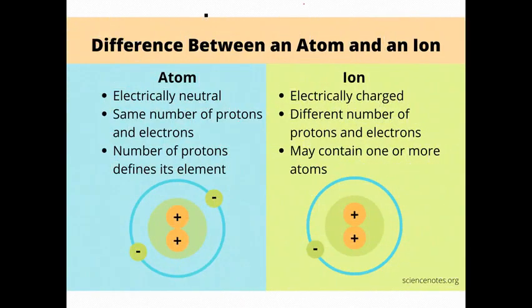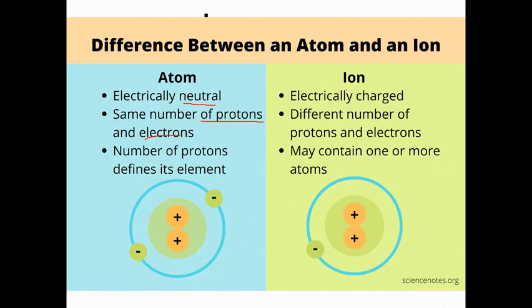All right, so let's talk about the difference between atoms and ions. And you can take notes on this if you want to or not. Atoms are neutral, okay? They have the same number of protons and electrons. The number of protons defines what kind of element it is.